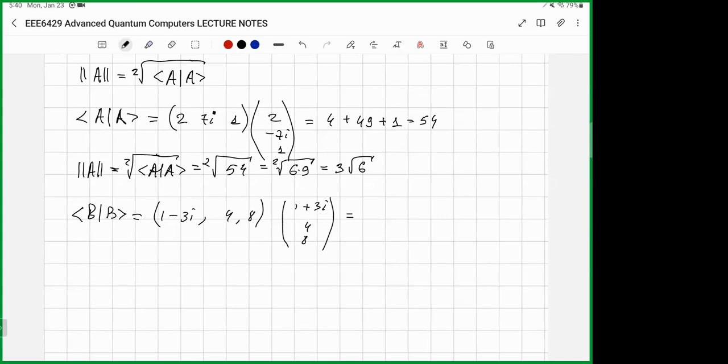So 1 minus 3i times 1 plus 3i. This is a complex number times its complex conjugate, which is the modulus of this number squared, the real part squared plus the imaginary part squared. So 1 squared is 1, 3 squared is 9, so 9 plus 1 is 10.